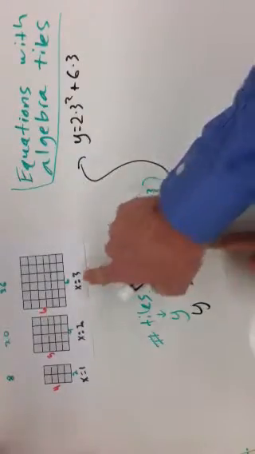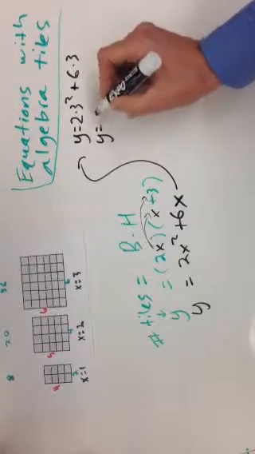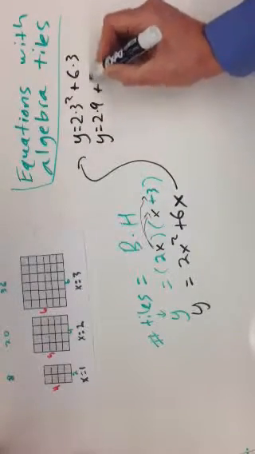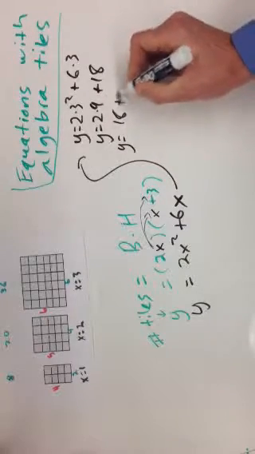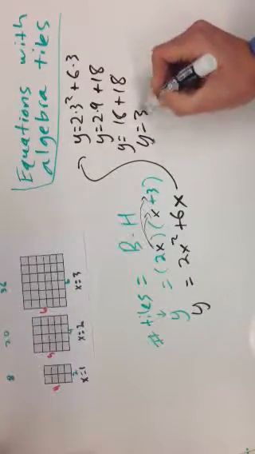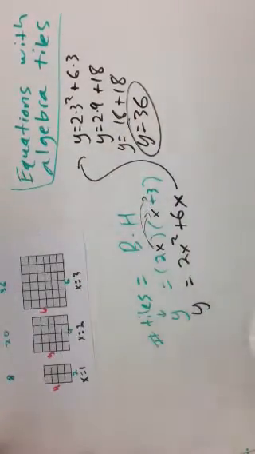I substitute both my x's for 3 because I'm looking at my third arrangement. So that's y equals 2 times 9 plus 18. So y equals 18 plus 18, and so y equals 36. And what do you know? We've got that. It'll work for every single arrangement there.